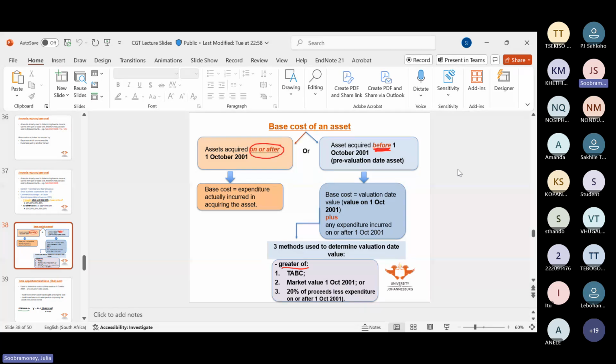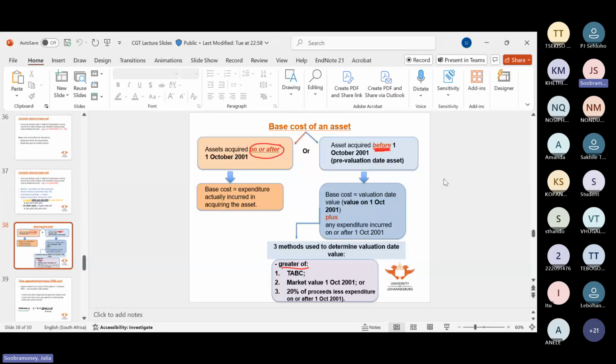We need to determine when this asset was purchased. An asset could be purchased before 1 October 2001; we call this a pre-valuation date asset. And we also have assets that were purchased after 1 October 2001. Why is 1 October 2001 so significant? It's because this is the date that CGT came into practice.